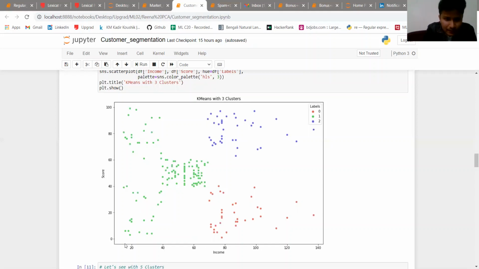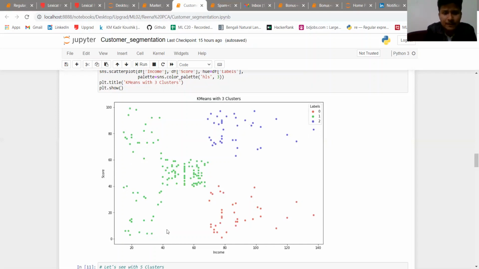But if you notice, customers with low income with low spending score are here, the high spending score here as well, and mid spending score here as well. So is it all right to put all of them in one label? It's not. We can actually incorporate them in 3 different labels: customers with low income with high spending, customers with low income with mid spending, customers with low income with low spending.